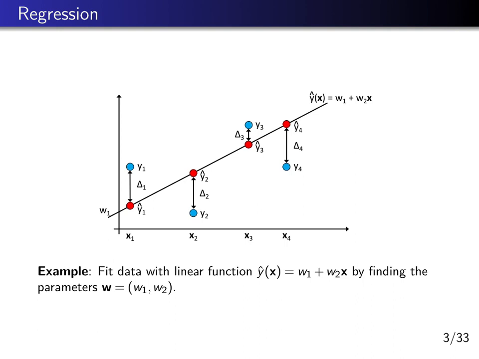So we fit a line by estimating parameters, and our predicted line, which has the form y hat of x equals w1 plus w2 times x, gives rise to the predictions y hat 1 through y hat 4, the red points, at the positions of the data x1 to x4. The differences delta 1 through delta 4 are the residuals between the prediction and the labels. Those we want to minimize by varying the parameters w.